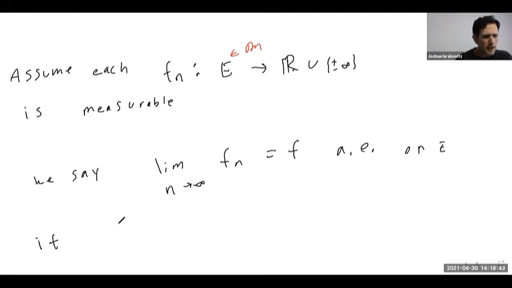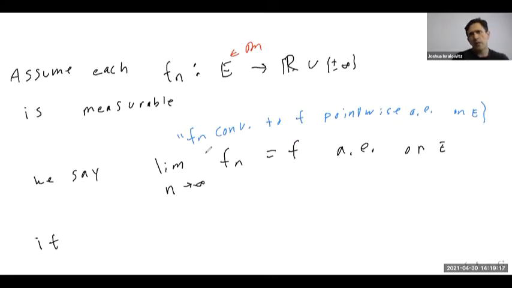Well, it's if the obvious thing is true, and in words we say Fn converges to F pointwise almost everywhere on E. Or just Fn converges to F almost everywhere on E.